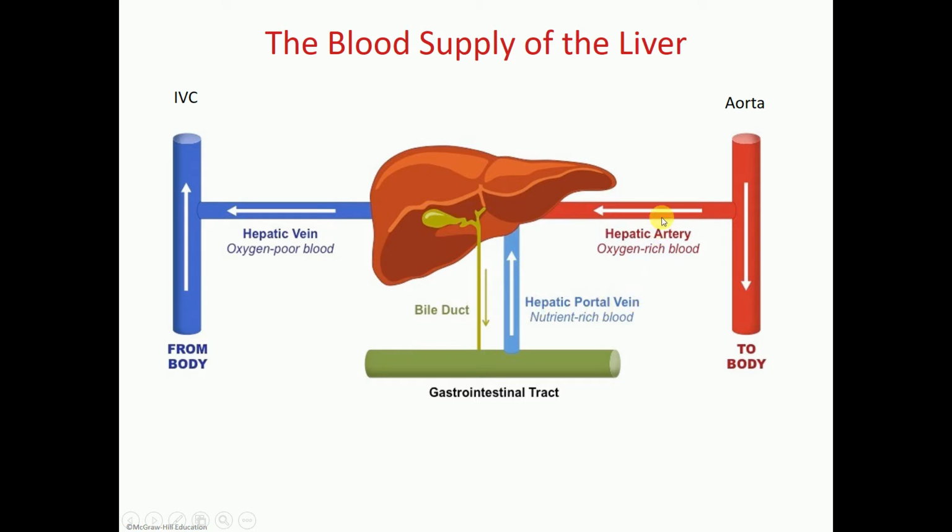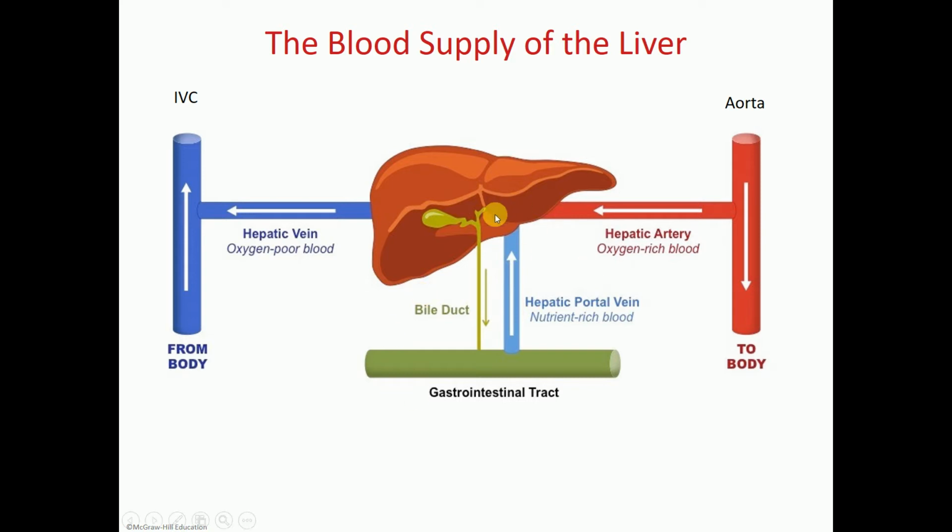So again, 2 blood supplies, hepatic artery that is rich in oxygen, and then the hepatic portal vein brings in blood that is deoxygenated. So again, the aim of this blood supply is not oxygen, but the aim is to bring in all the nutrients that were absorbed from the small intestine, with the exception of fat. So fat is a different thing.